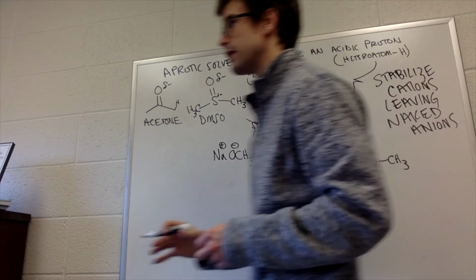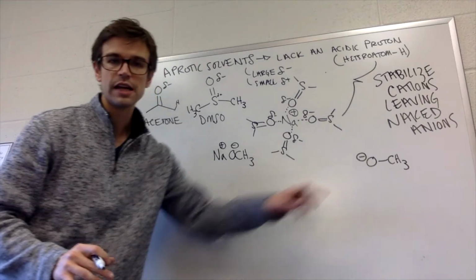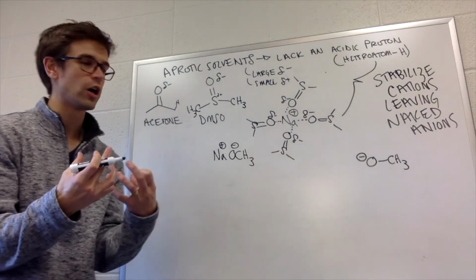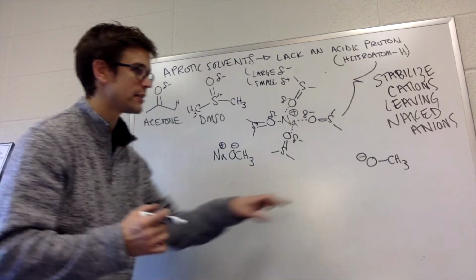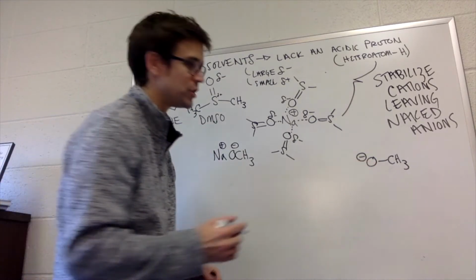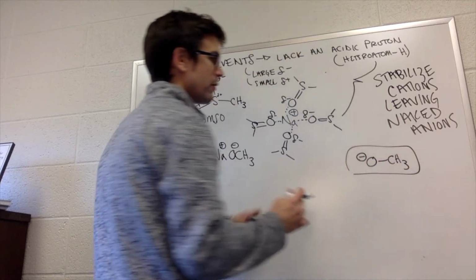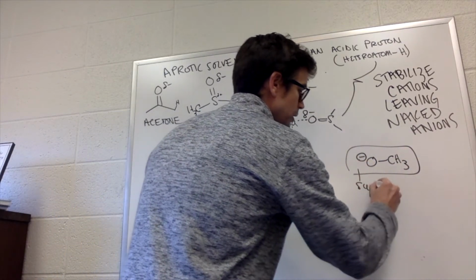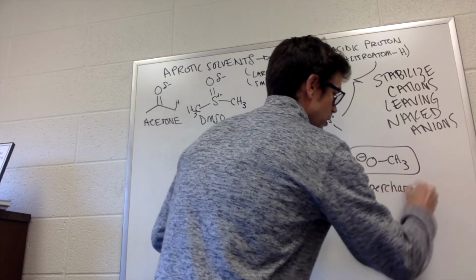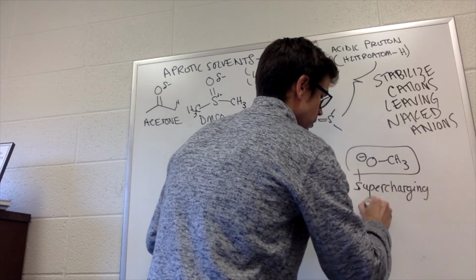So there's nothing stabilizing this negative charge. That full negative charge, the thing that makes that nucleophile unstable and want to react, is fully on that oxygen atom. So we think of polar aprotic solvents as supercharging nucleophiles.